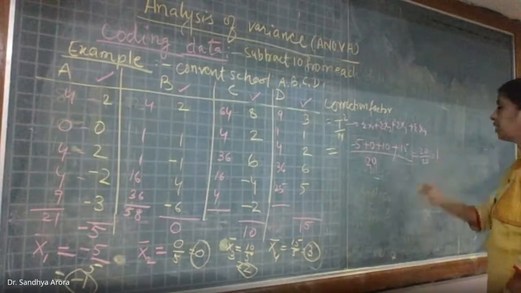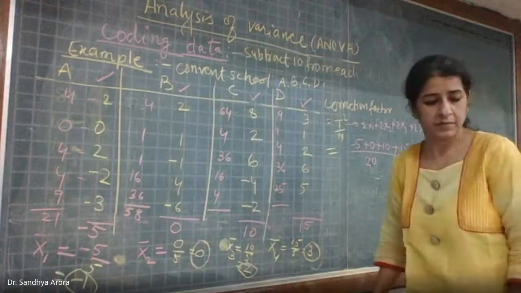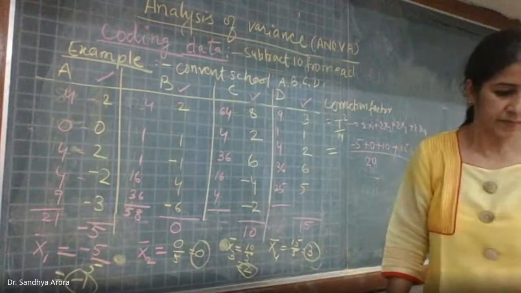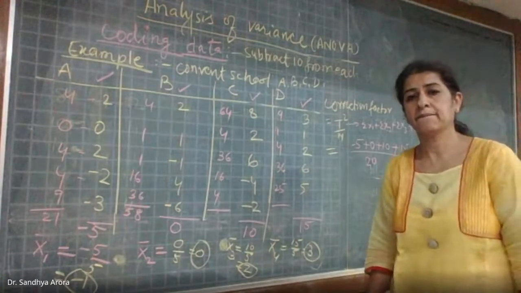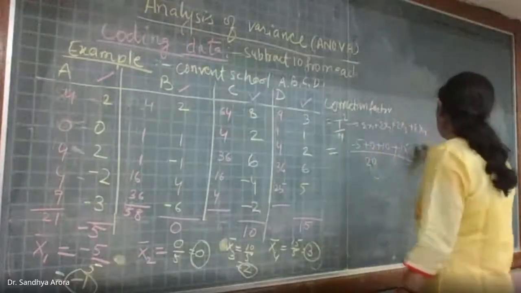Girls, you are not doing it. Correction factor कितना आया है? Ma'am, we are calculating. 20.